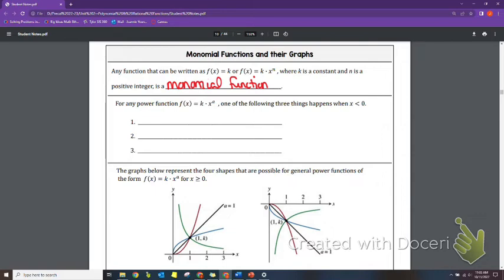For any power function, f of x equals k times x to the a, one of the following 3 things will happen when x is less than 0.